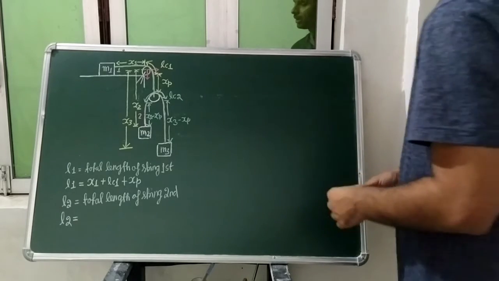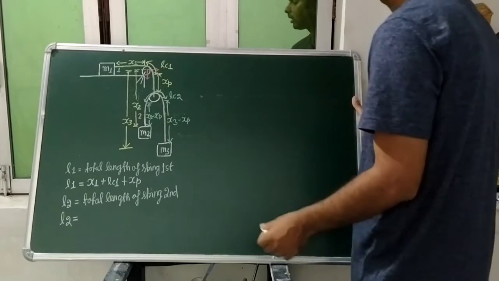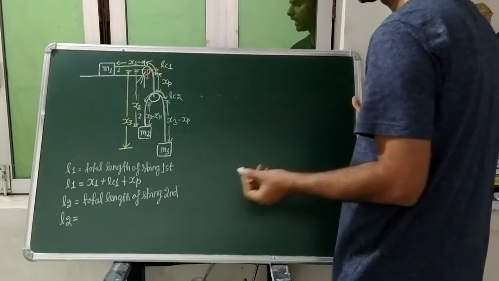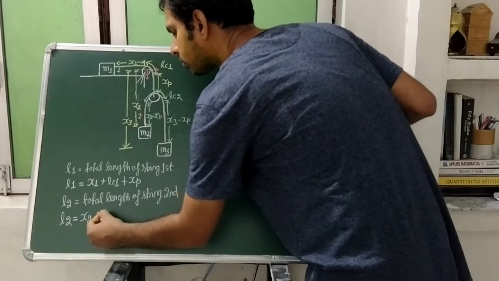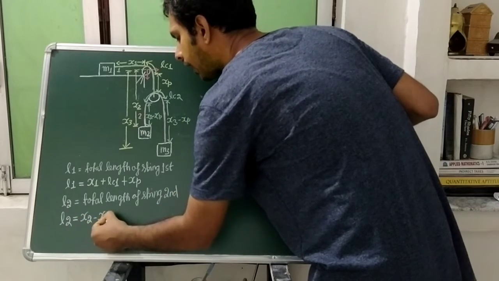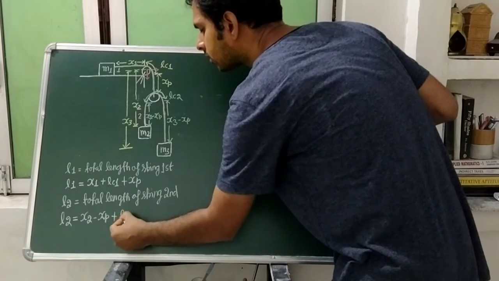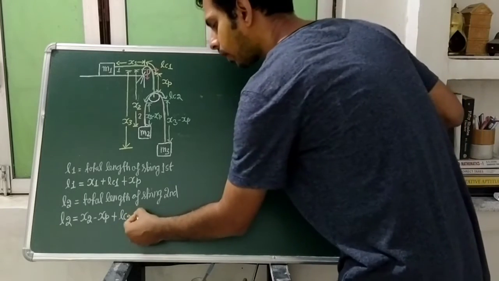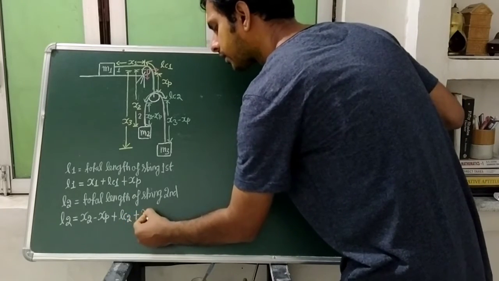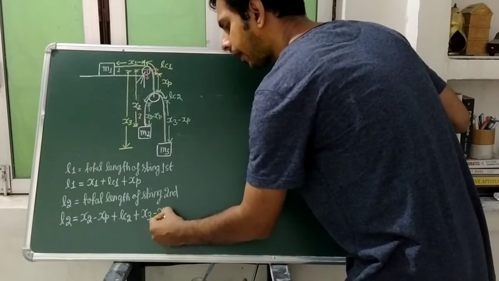So students, when we were writing the equation of the length for the string second, that should be equal to what, students? That should be x2 minus xp plus LC2 plus x3 minus xp.